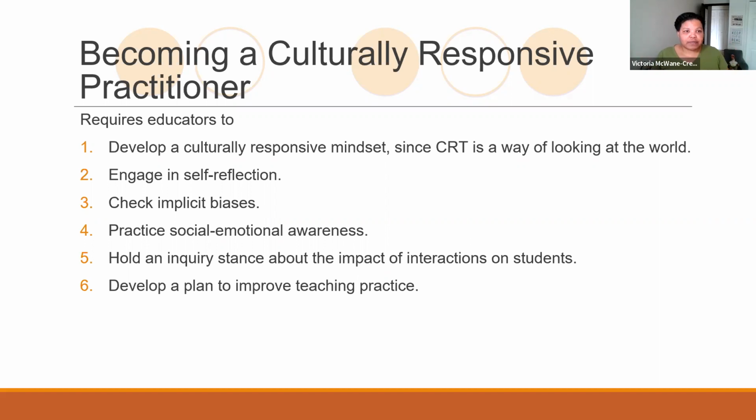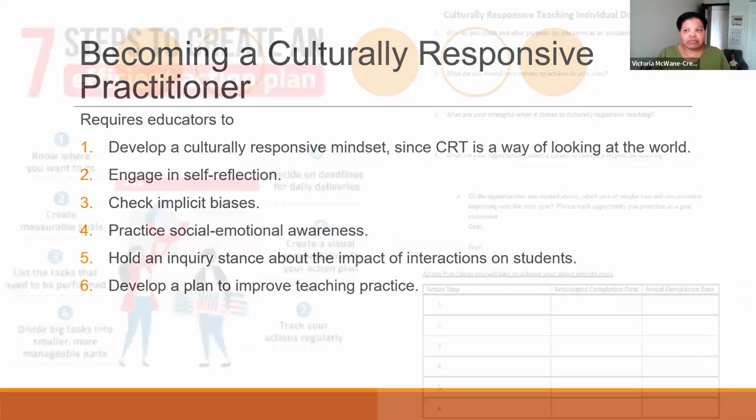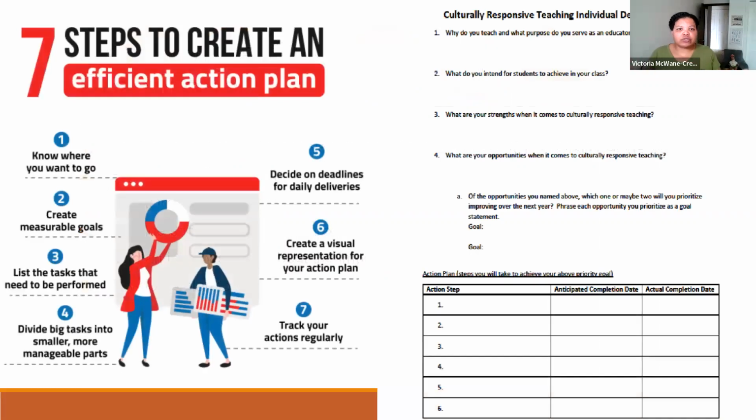And then develop a plan to improve your teaching practice, which is what we're going to pop into right here, right now: what might you need to do if you really want to become culturally responsive in your approach to teaching and be intentional about developing a practice. Here is what you might want to do. Create a plan for your own development.